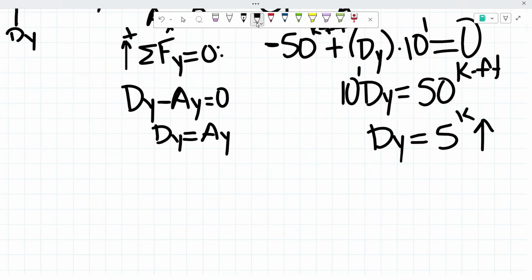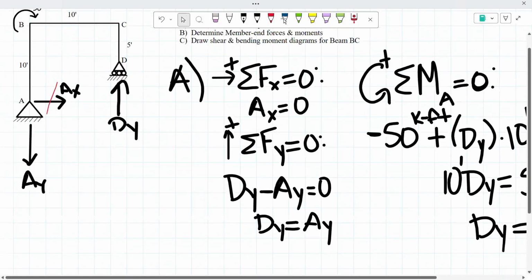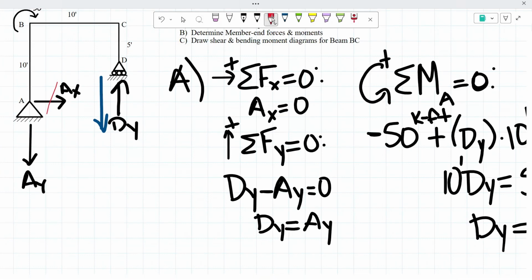So for example, if we would have assumed that our D of y was downwards, we would know that about this point A, since that force is going downwards, it was going to create a clockwise moment.